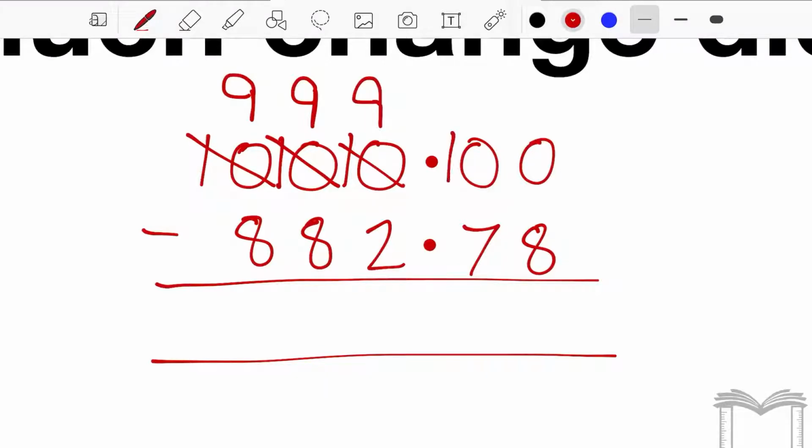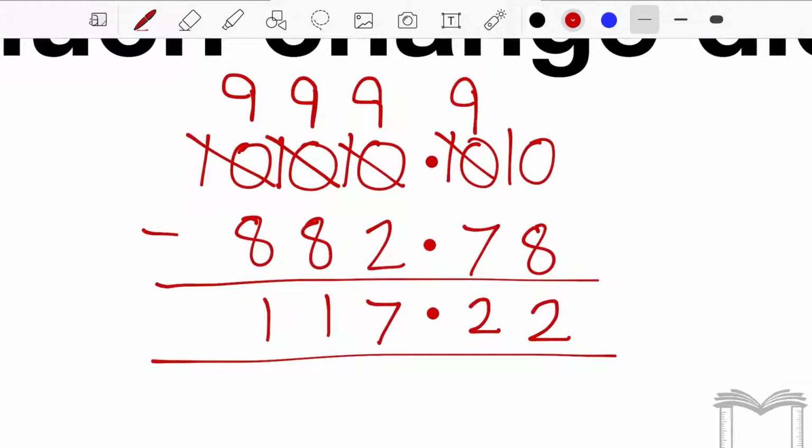Continue with that until we reach the end. 10 take away 8 is 2. 9 take away 7 is 2. 9 take away 2 is 7. 9 take away 8 is 1. 9 take away 8 is 1. So the answer is $117.22.